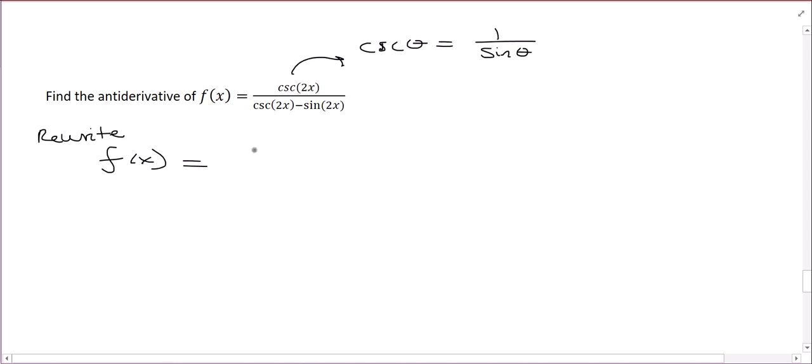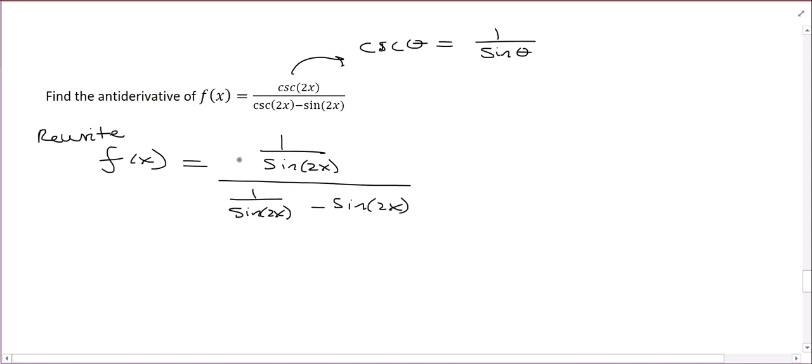So cosecant is 1 over sine, so this will be 1 over sine of 2x, that's our angle, over cosecant again, so 1 over sine of 2x, and then minus sine of 2x. So this is looking promising, but I have a fraction divided by a fraction, so I have a complex fraction. Let's multiply top and bottom by the common denominator.